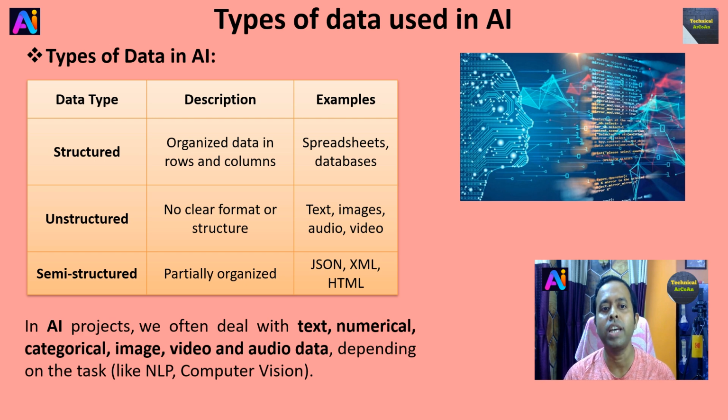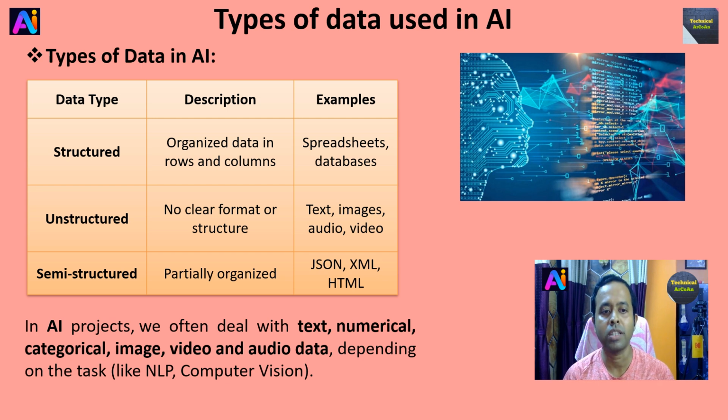Unstructured means no clear format or structure, like text, images, audio, video, which have no particular structure, right? Semi-structured means partially organized, like JSON, XML, HTML, right? Actually the semi-structured data doesn't follow a rigid structure but contains tags or markers to separate the elements, right?